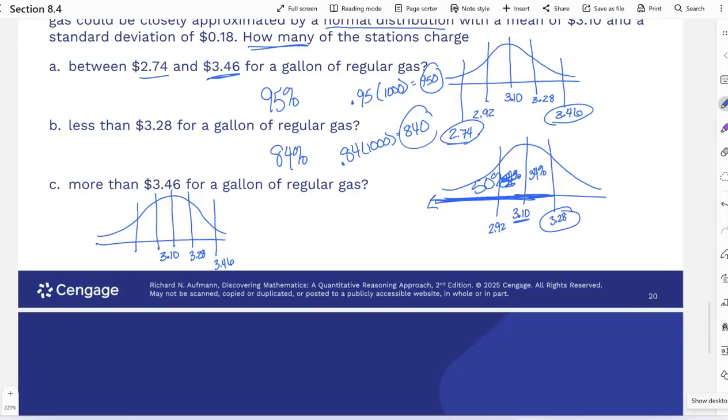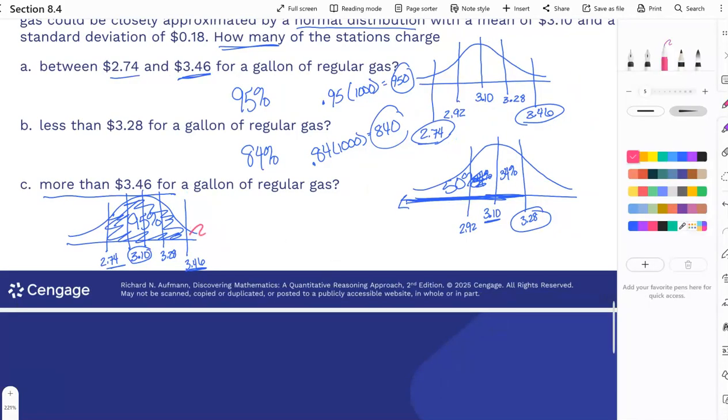Likewise, if I went down 2, I would be at 2.74. So we know that if we are within 2 standard deviations of the mean, then we would expect 95% of our data to fall within these values. We're looking for more than $3.46. So we're looking for this area here.